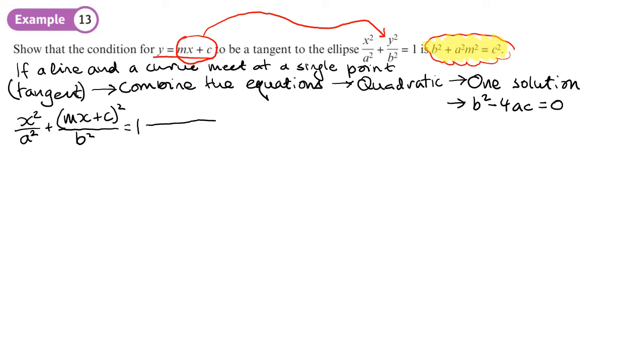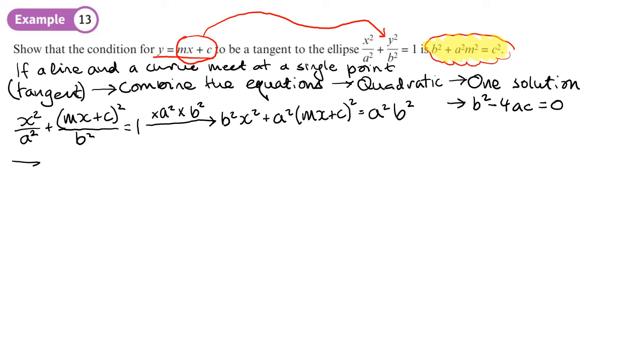Now, to get rid of the denominators, I'm going to multiply both sides by a squared and by b squared. So I will have b squared x squared plus a squared (mx plus c) squared equals a squared b squared.